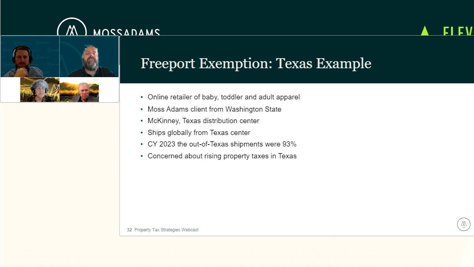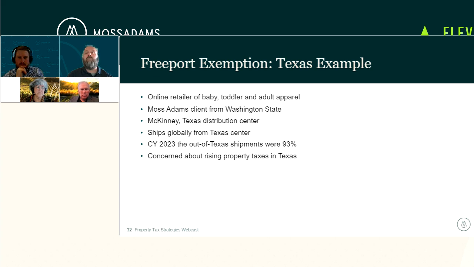But looking at the data for the calendar year 2023, approximately 93% of their shipments went out of the state of Texas from this McKinney, Texas distribution facility. And because they're based in Washington State, which does not assess inventory up there, we had heard from them because they were concerned about the rising property taxes as their inventory continued to increase.